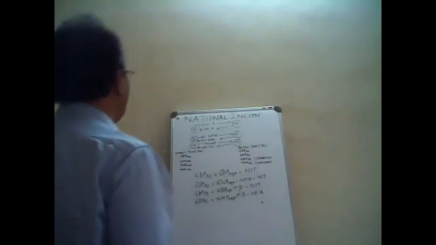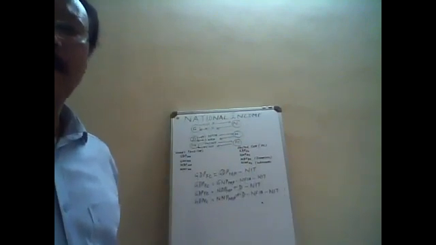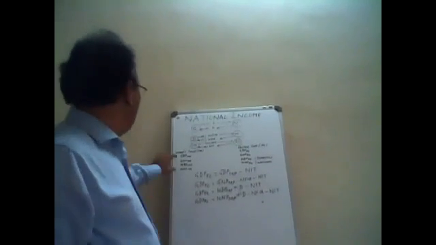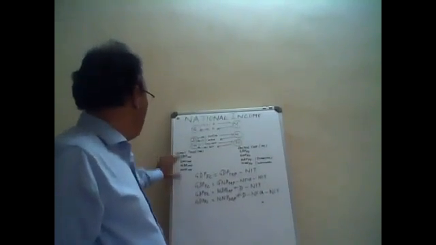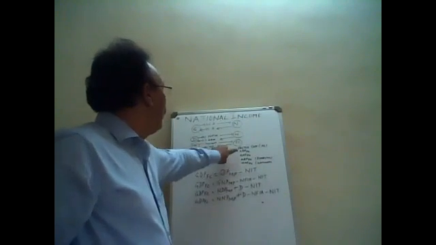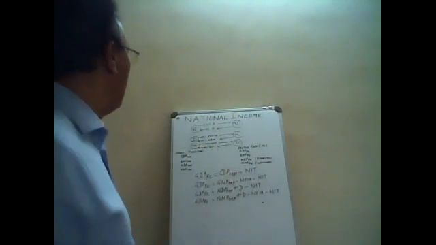Market price to factor cost, minus NIT. Okay. Next, we have finished with these four. Now we will take these three values because we are finding out GDP at factor cost.